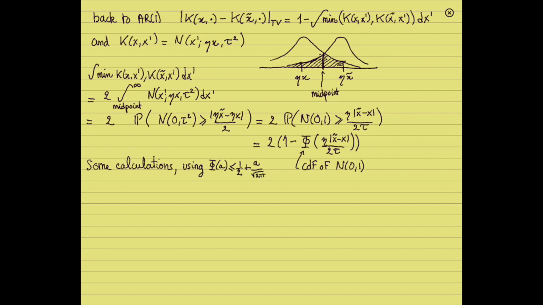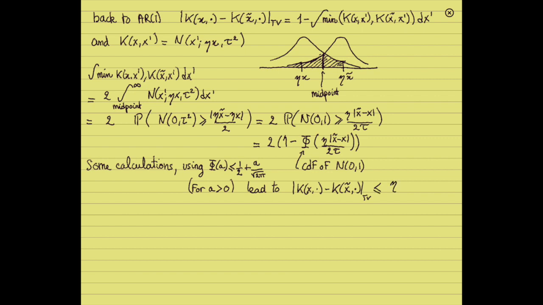That's because the area up to 0 is equal to 1/2, and then the area from 0 to A is less than A times the maximum of the density, which is attained at 0, and it's equal to 1 over square root of 2 pi at 0.